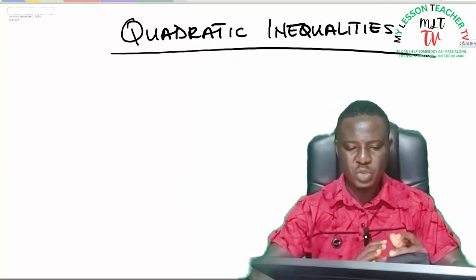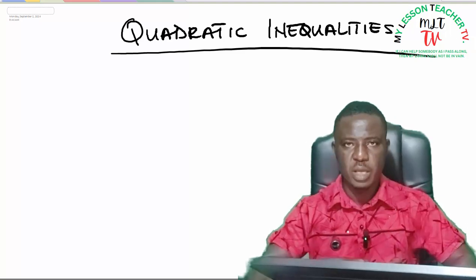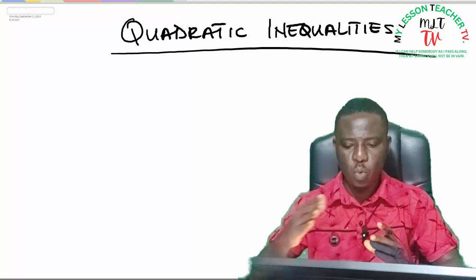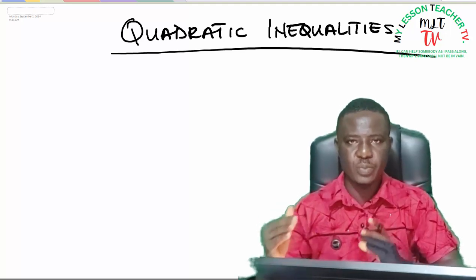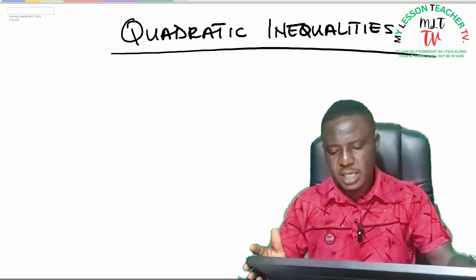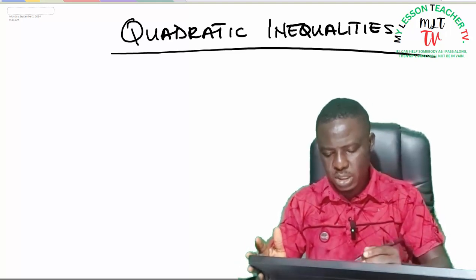So, what is a quadratic inequality? A quadratic inequality is an inequality where one side is a quadratic expression and the other side is 0.